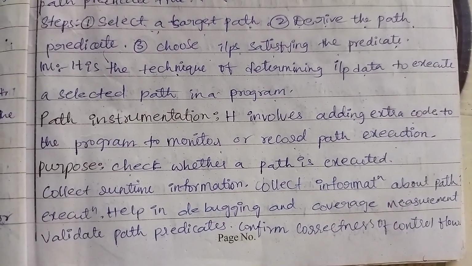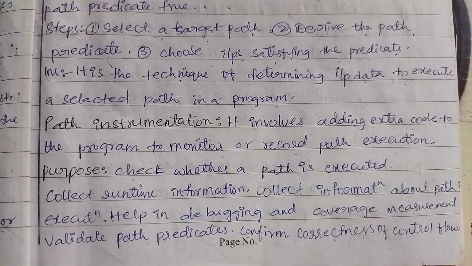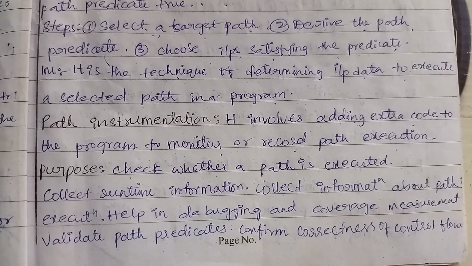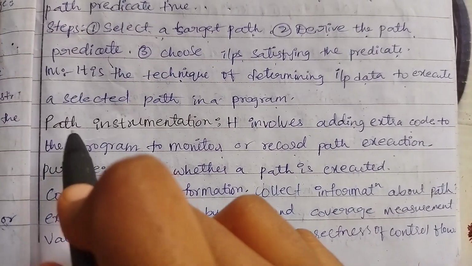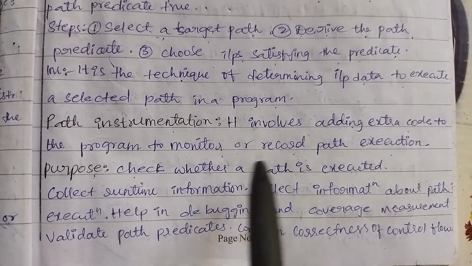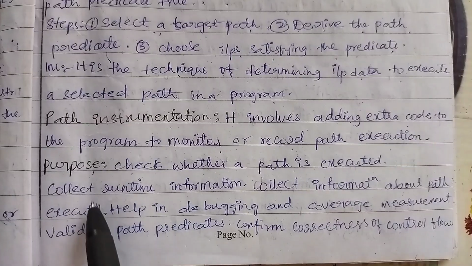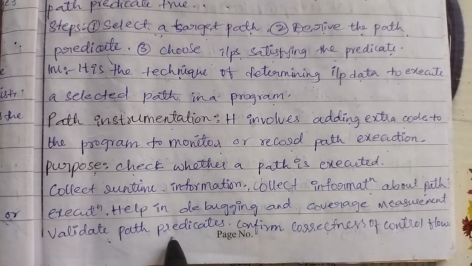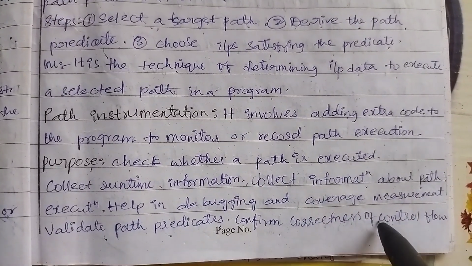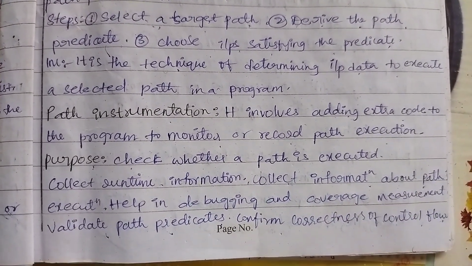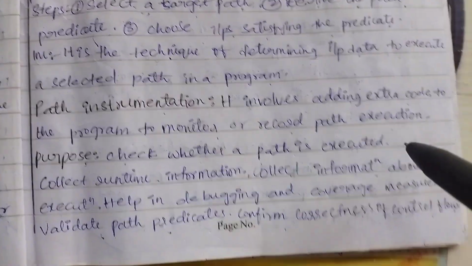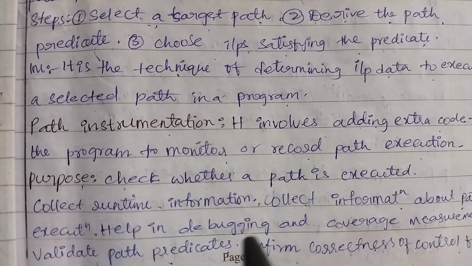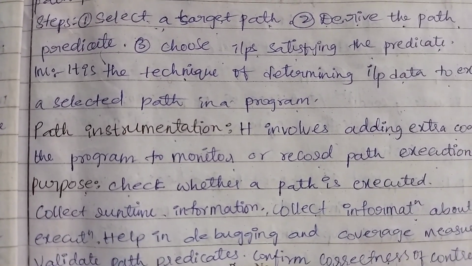The purpose of path instrumentation is checking whether a path is executed or not, collecting runtime information, validating path predicates, and confirming correctness of a control flow. In simple words, adding extra code to the program for path execution is known as path instrumentation.